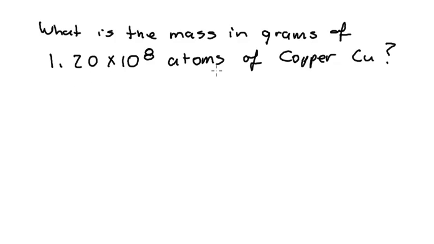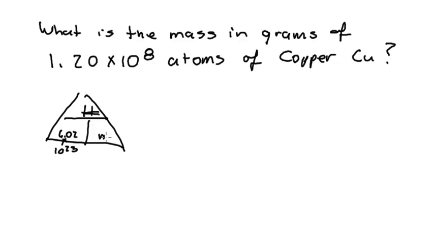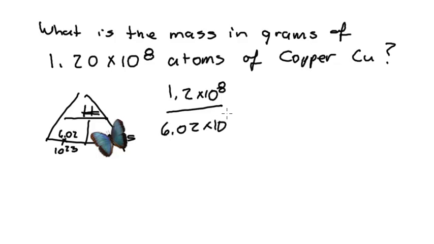So we are given number of atoms, and we're trying to get to mass. But we have to go through moles. You always have to go through moles. So I have number of atoms, and I'm trying to get to moles, and so this tells me that I need to take my number of atoms, which is 1.2 times 10 to the 8th, and divide by 6.02 times 10 to the 23rd.